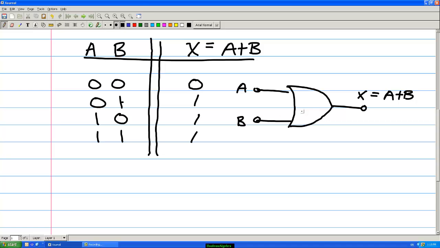Now this is for a 2-input OR gate, but the same rules apply for any number of inputs.